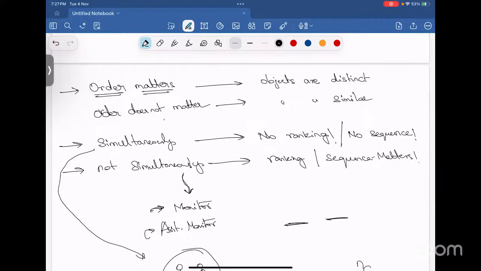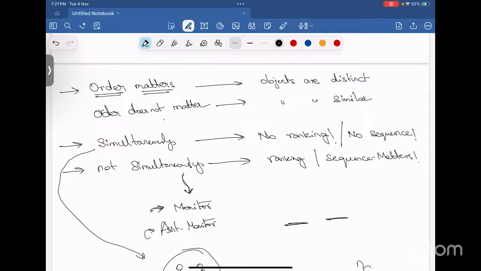Then, sir, there are some questions in which we have to make a password, and repetition is allowed. For example, there is a 5-digit number, and we have to make a password where repetition of digits is allowed. There the order will matter, because there is a units digit, tens digit, hundreds digit, thousands digit and 10,000 digit.